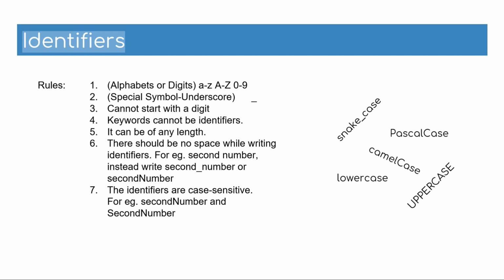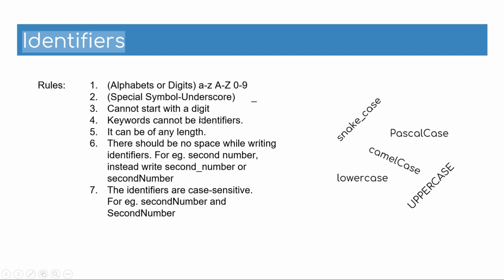You can only use alphabets and digits along with a special symbol known as underscore. After that, you cannot start with a digit. That is, you can use alphabets or digits and underscore, but you cannot start with a digit. And the fourth thing is keywords cannot be identifiers.